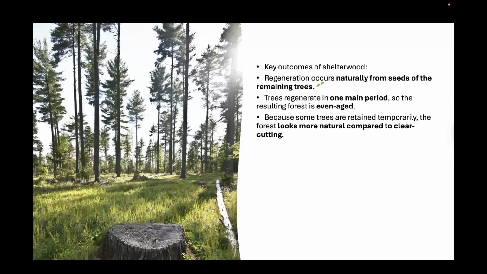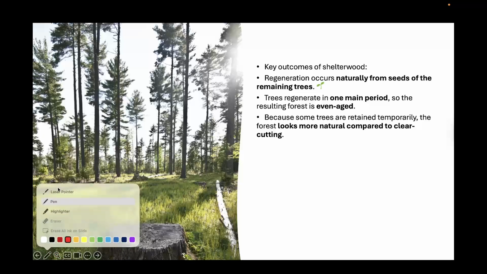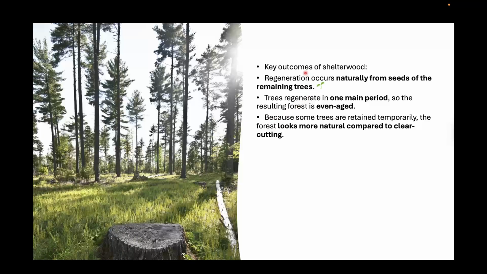So how do we get these natural aesthetics? What are the key outcomes of the shelterwood system? In the shelterwood system, you do not cut all the trees in one go. You selectively remove trees and provide shelter from the mature trees and allow natural regeneration to occur.